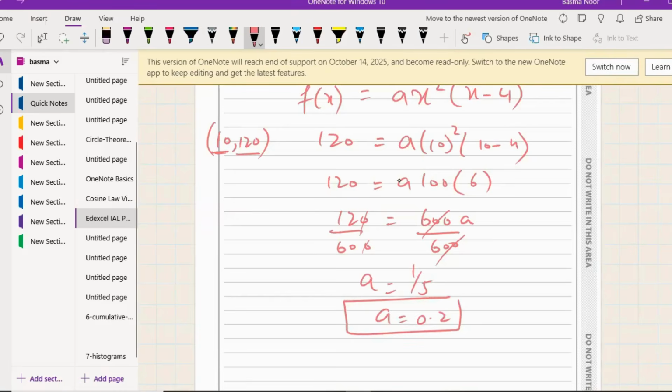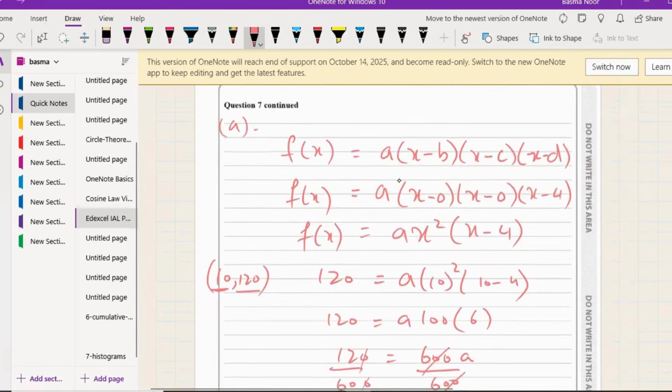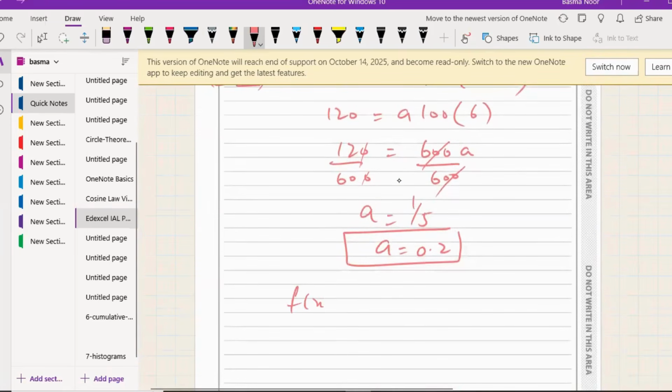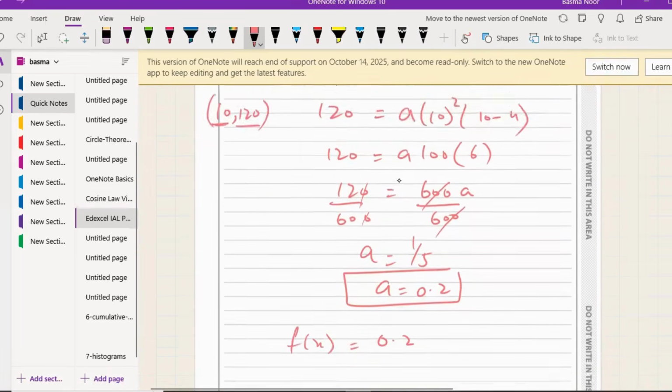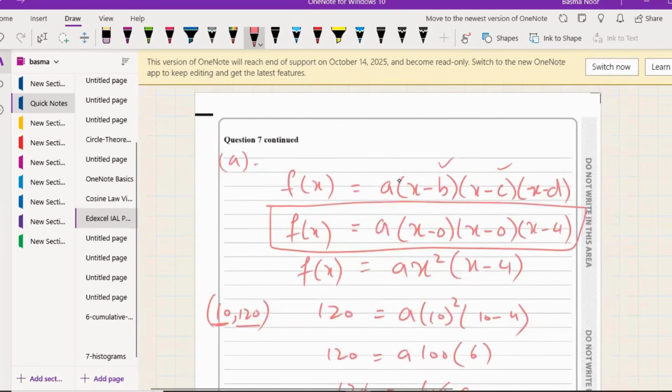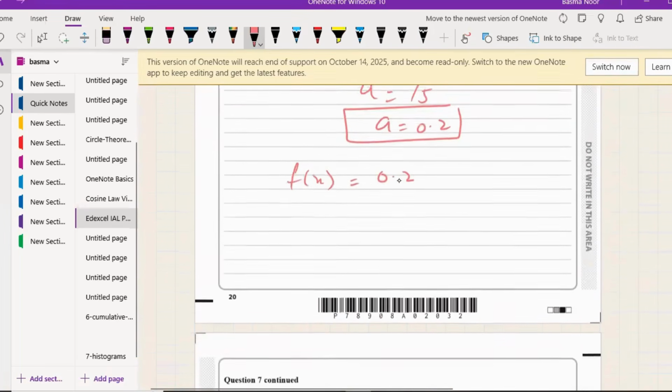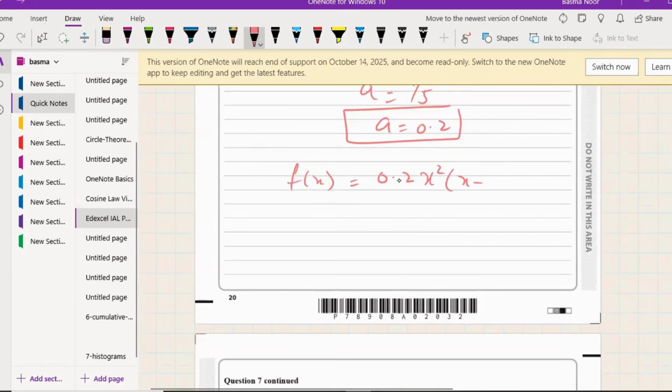Okay, now we'll just replace a with 0.2 in this. We already know the b, c, d values. I'll replace the a value in this. My f of x will be 0.2 times x squared times x minus 4.